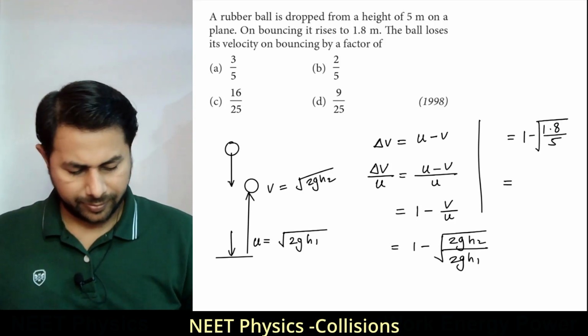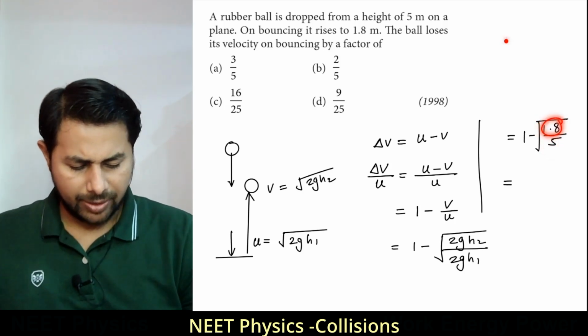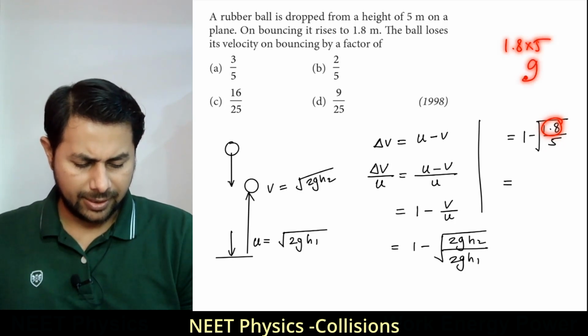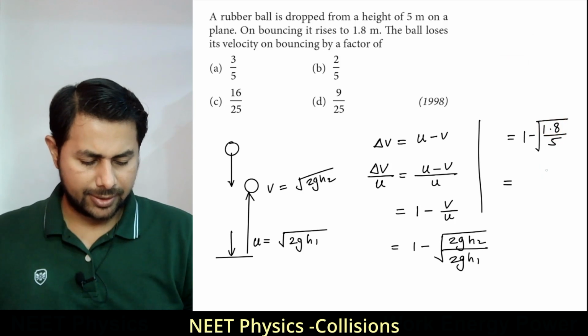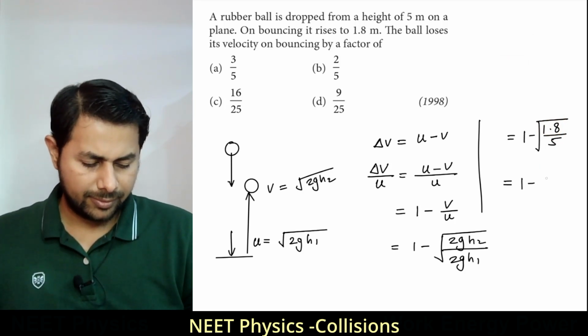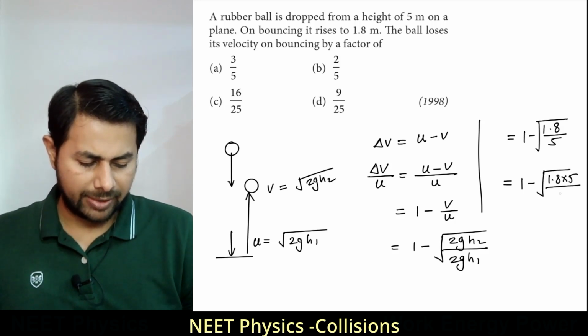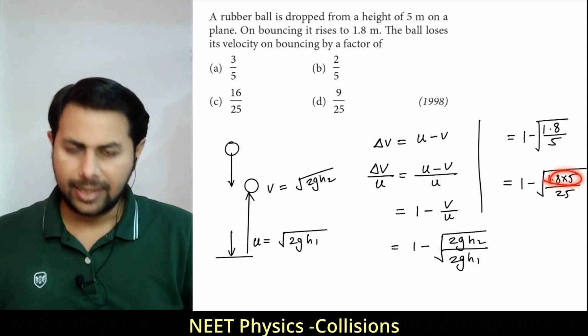If we multiply and divide by 5, what do we get? 1.8 times 5 is 9, so it is 1.8 times 5 divided by 25, which is 9 divided by 25.